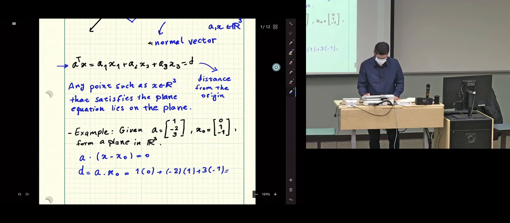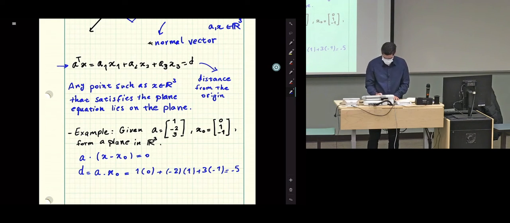And that's -5, if it's correct. I'm not good at arithmetic anymore. People warned me when I was younger.